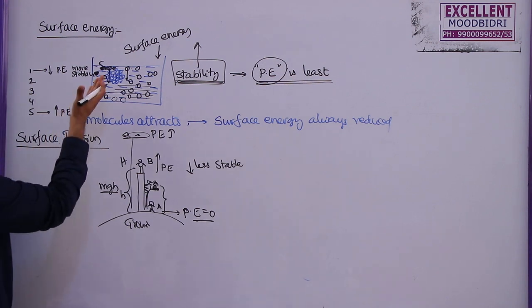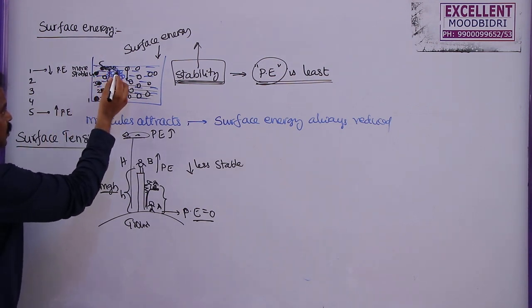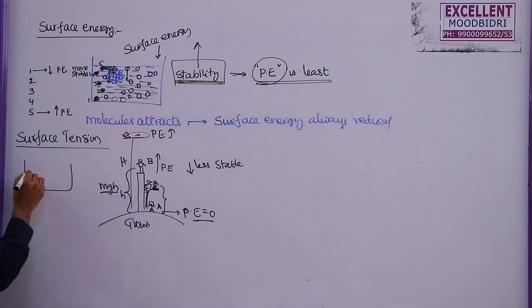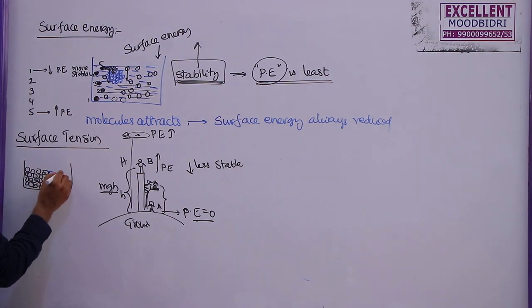Generally, these molecules are in contact with the other molecules present near them. But sometimes in a container there may be two different liquids poured, immiscible or miscible, whatever they may be.